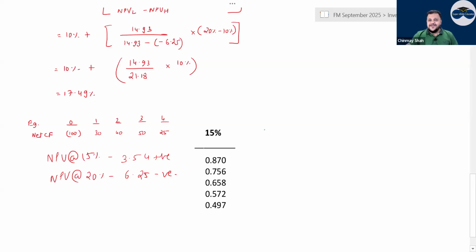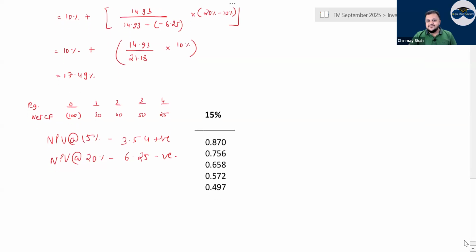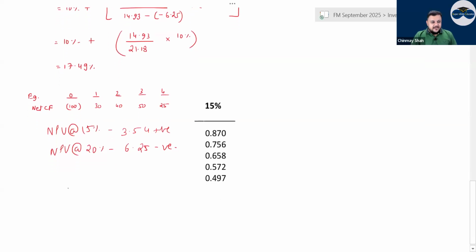Now with this, can we do the interpolation method? See, one point at 15, one point at 20. At 15, the NPV is 3.54 positive, and here it is 6.25 negative.